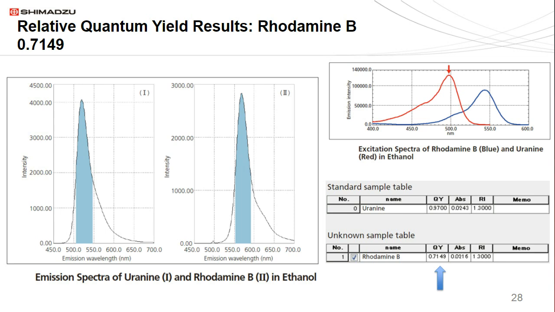The arrow shows you the excitation wavelength, which is about 495 for both the standard and the unknown. And then below that is the output of the calculation, where you can see it's calculated rhodamine B to have a quantum yield of about 0.715, which is in very nice agreement with the known value of rhodamine B.